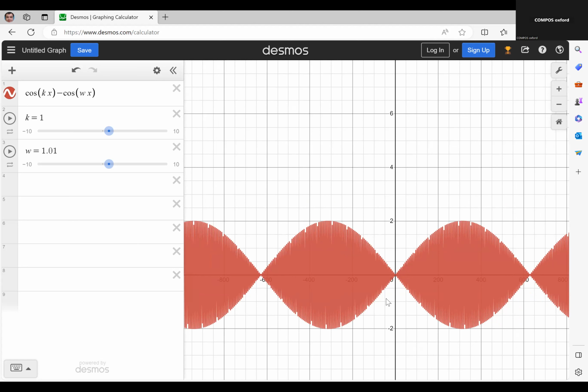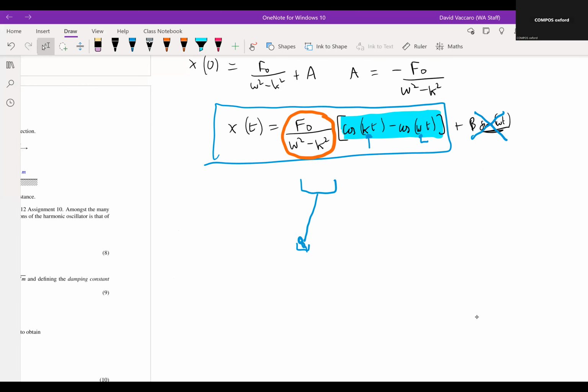Okay, let's try and understand this from the perspective of the physics. So I'm going to go back to my OneNote. What we've got here is two cos waves of different frequencies. Sometimes the cos waves will be in phase, and when they are in phase and you subtract, the waves cancel.